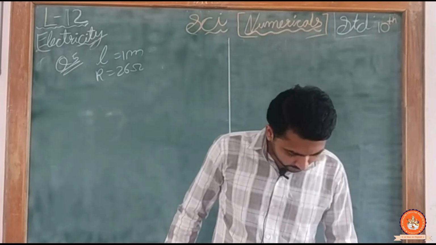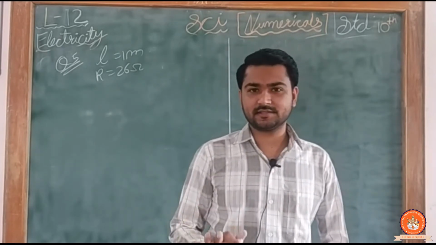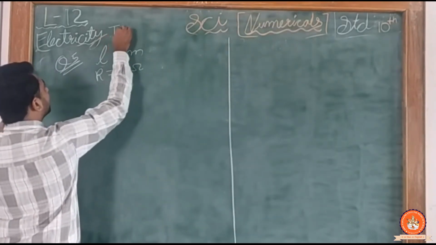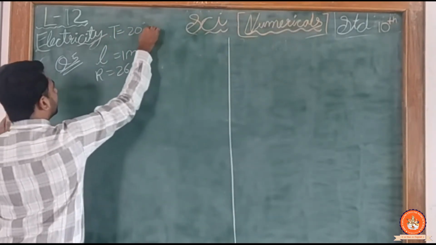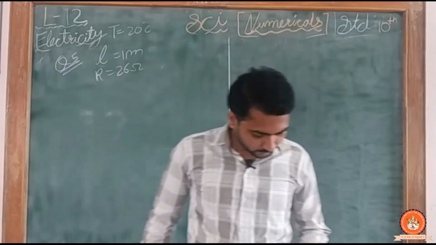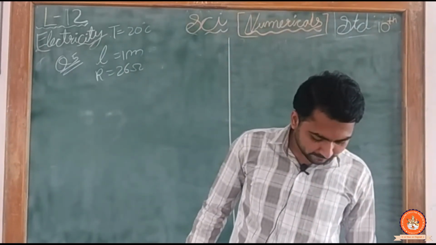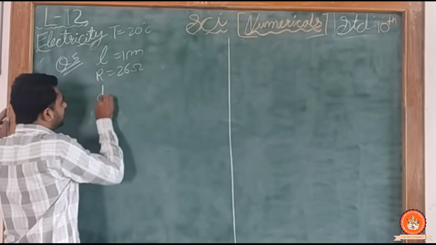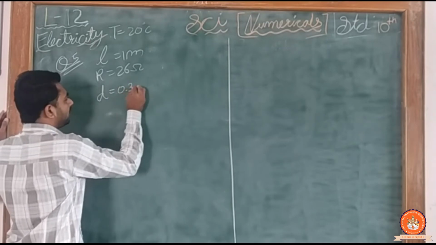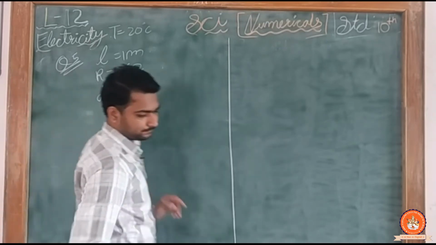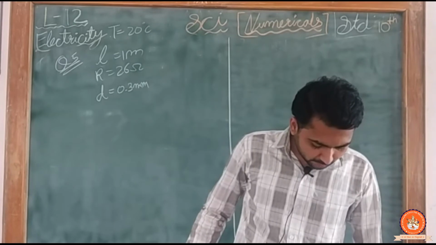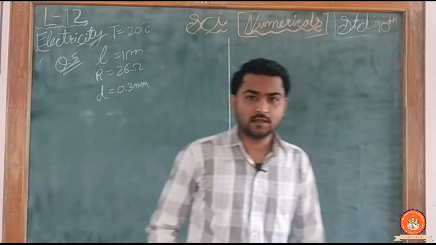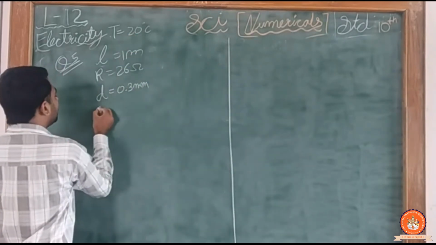Then at 20 degrees Celsius temperature, we will write T is equal to 20 degrees Celsius. If the diameter of the wire is 0.3 mm, we will write D is equal to 0.3 mm. What will be the resistivity of the metal at that temperature only?